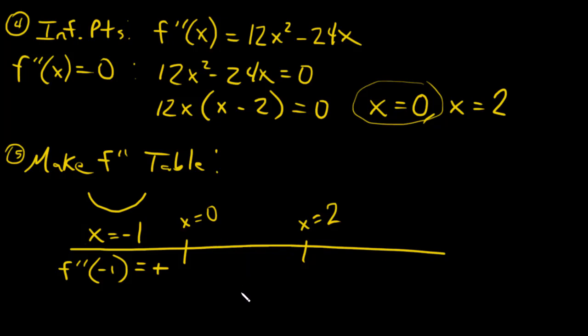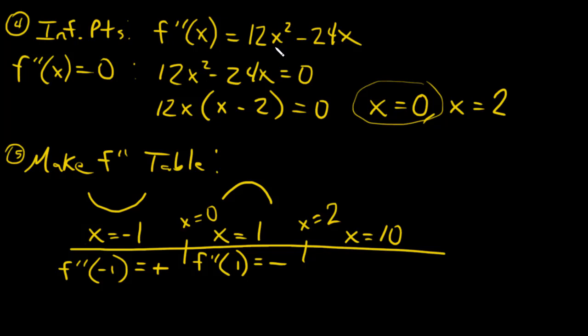Now, over here, I need a value between 0 and 2. How about x equals positive 1? F double prime of positive 1 is going to equal, well, 12 minus 24 is negative, so I'm going to get concave down. Okay? Last but not least, a test value greater than 2, maybe x equals 10.